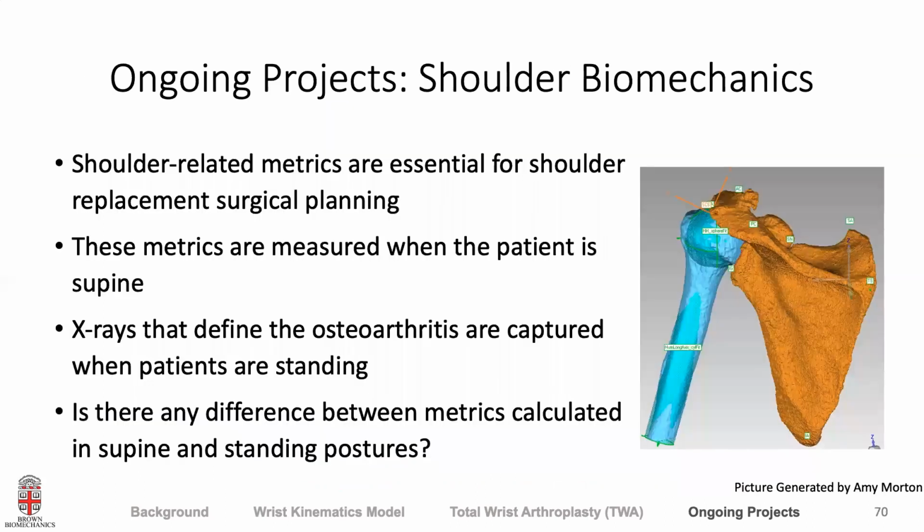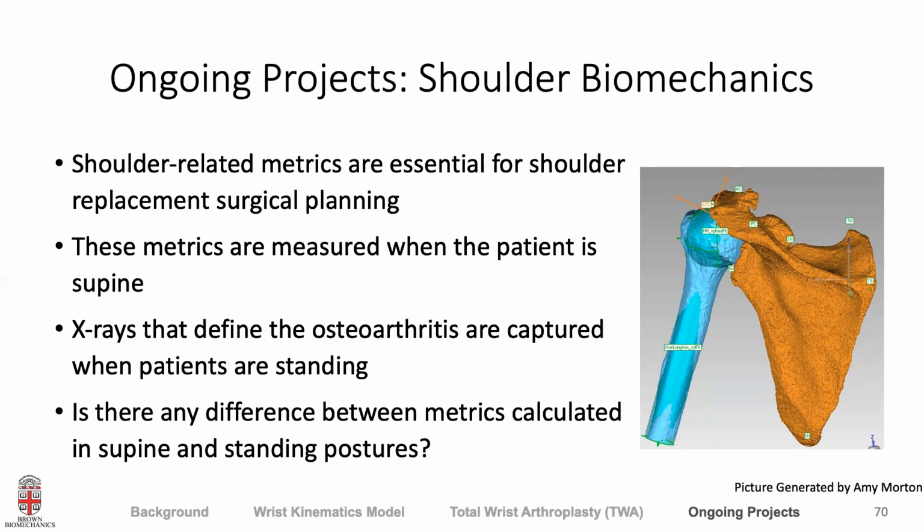And another ongoing project in our lab is to study the shoulder biomechanics, which is a recent area of research interest for me. There are many metrics like antiversion or glenoid type that are measured before surgery, and they help surgeons for surgical planning before total shoulder arthroplasty.